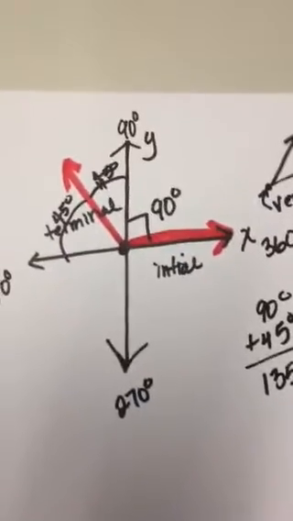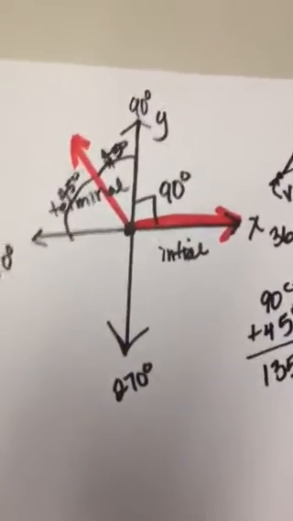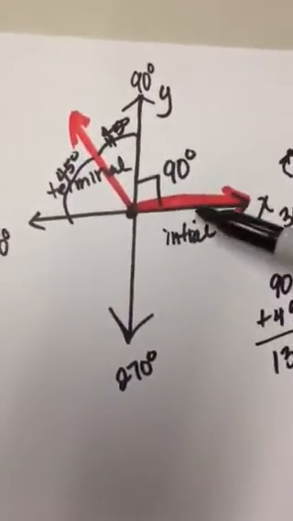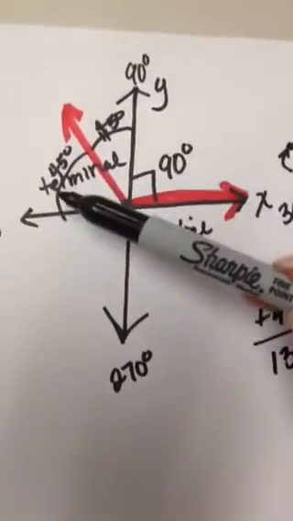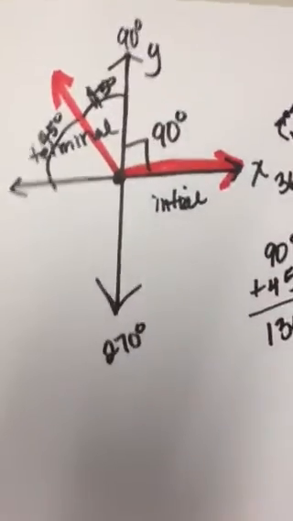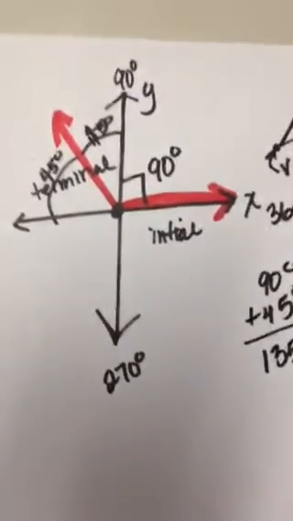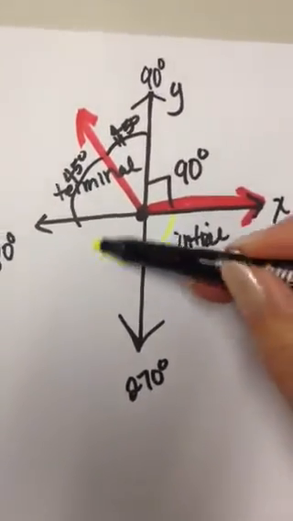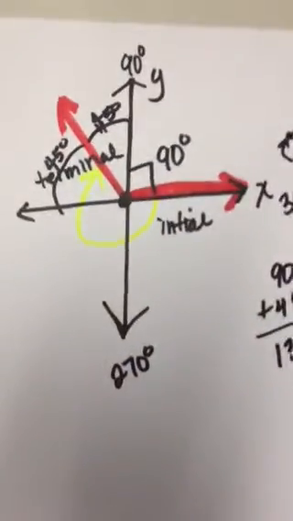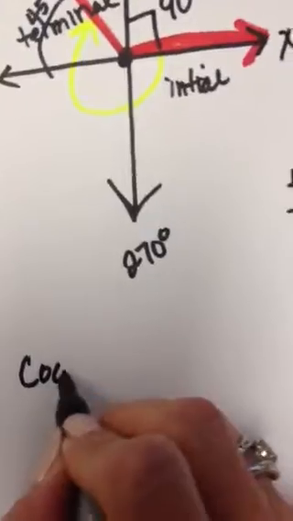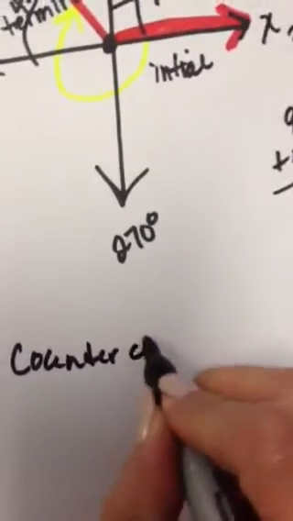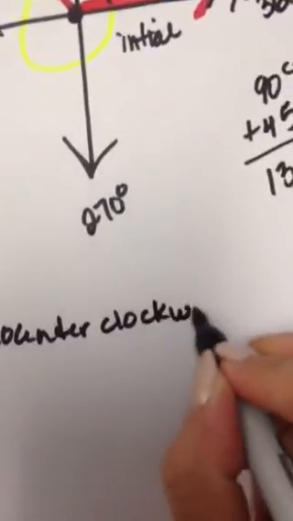Now, what you're going to be doing is you're going to be trying to identify not only what my angle is, starting at this initial side and moving to the terminal. Notice it's a counterclockwise direction, but you can also notice the clockwise direction. It's very easy to differentiate these because counterclockwise, they are positive.